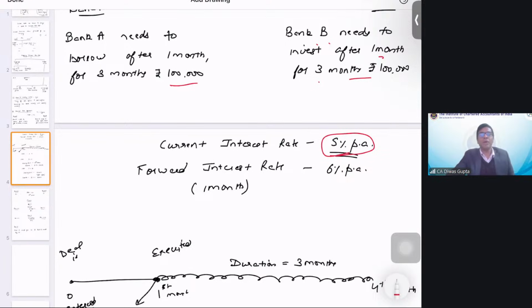It might go up or it might go down, right? But let's say they anticipate that the interest rate might go up. That's where they are agreeing: instead of 5%, let's lock it at 6%. We will come to how this 6% would have been derived when we go through the valuation of the FRAs.